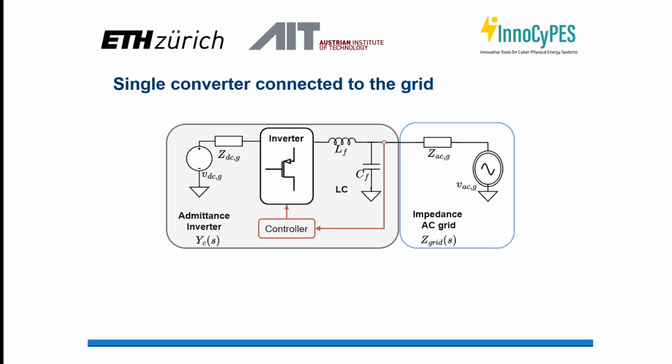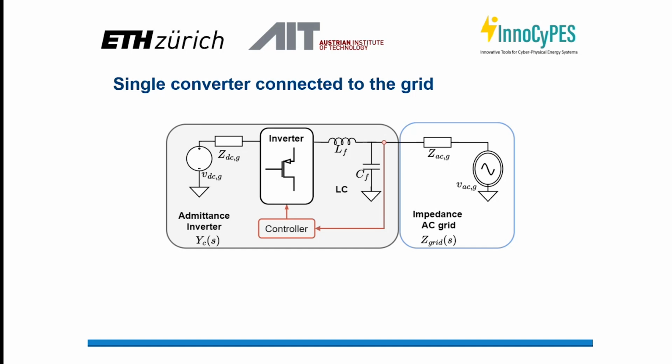And let's see one small example of this. In the following one, we have a grid following converter connected to a grid. The DC dynamics are neglected in this example, and we are connected through the grid to an LC filter, where basically we take measurements to our controller and put it back to the inverter.